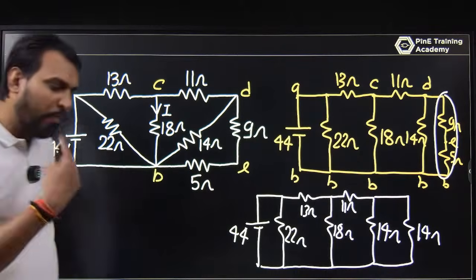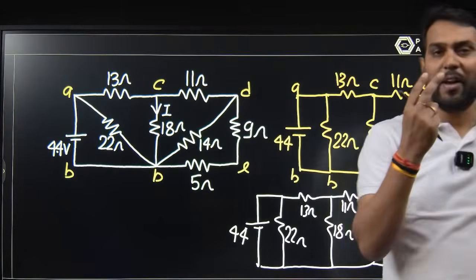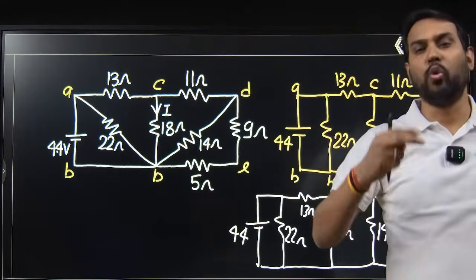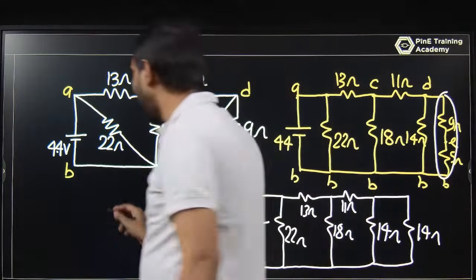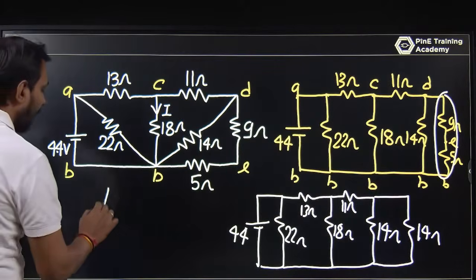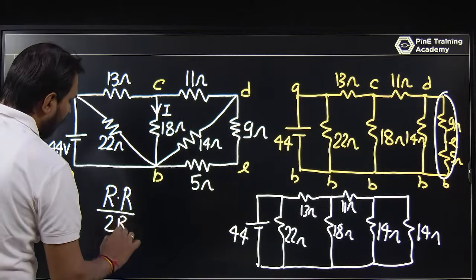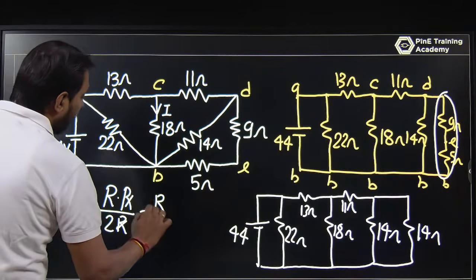If two resistances are in parallel and have the same value, it becomes R by 2. How? That is basic: if Z1 and Z2 are both R, then R into R upon R plus R is R squared upon 2R, so it becomes R by 2.